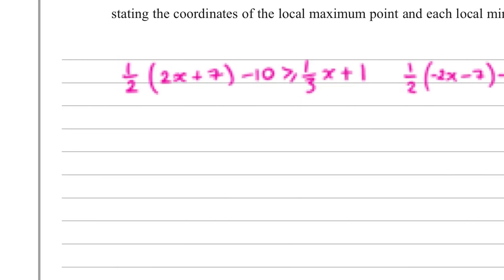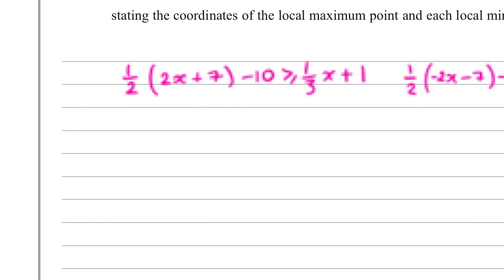Okay, so I'm just going to work on this. We're going to have a half times 2x, which is just x. Then a half times 7 is 7 over 2, minus 10 is greater than 1 over 3x plus 1.